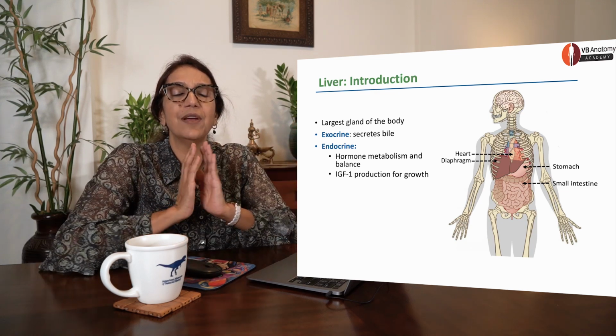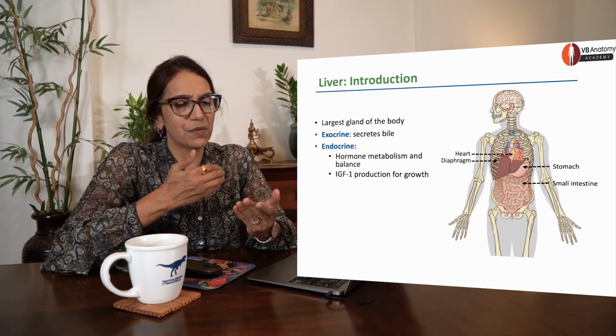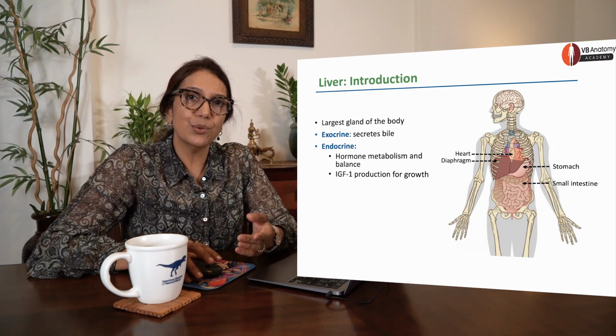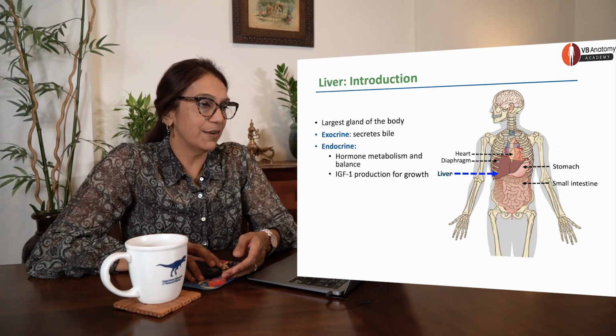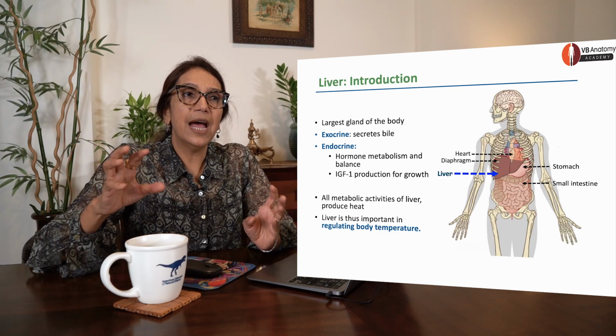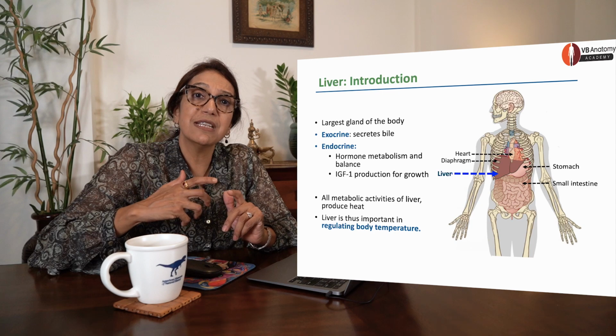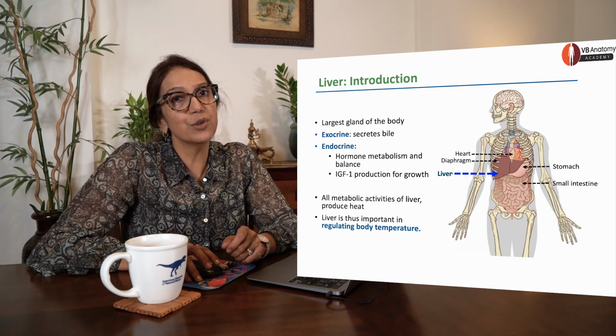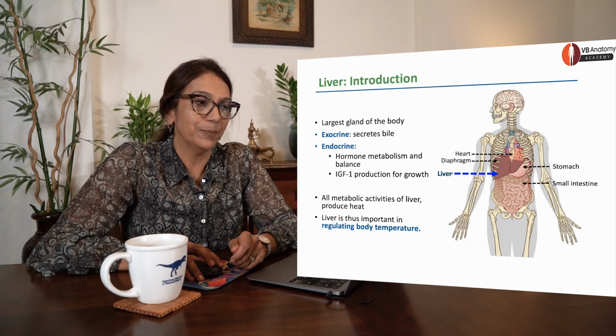Just remember, it's a very important part of your metabolism of carbohydrates, proteins, fats, hormones, and so on. That's the liver. All metabolic activities happen in the liver, and this results in generation of some amount of heat. So, regulating your body temperature is also one of the functions of liver.